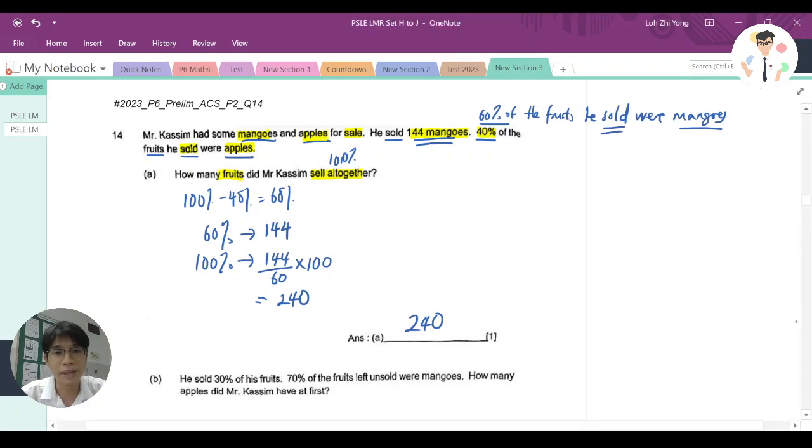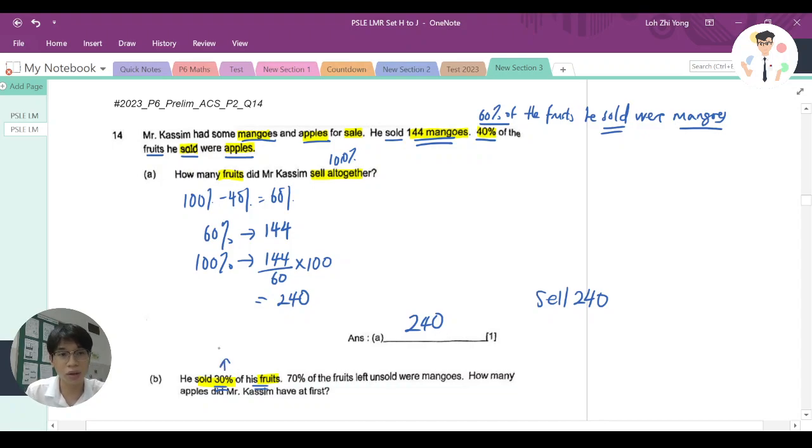Now, here in part B, he sold 30% of his fruit. Again, let's look at here first. I know that he actually sold 240 fruits, and that is just 30% of his fruit, because he sold 30%, right?